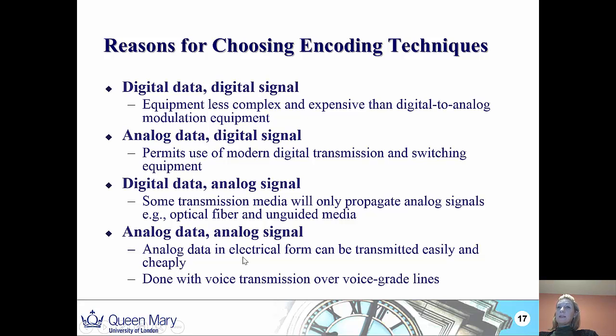Analog data in an electrical form can be transmitted easily and cheaply, and this is necessary whenever we're working with voice transmissions. So there are a number of different reasons why each type of encoding or modulation may be used, depending on the physical channel and perhaps the application which is being communicated.